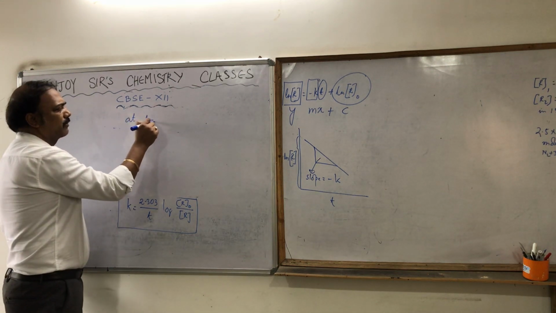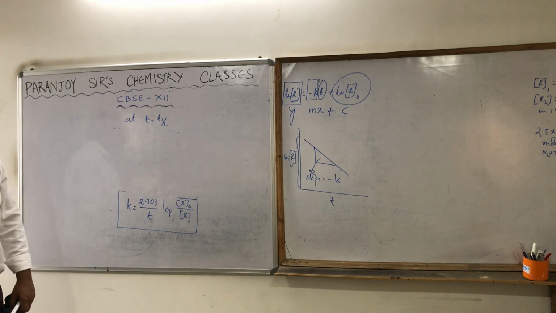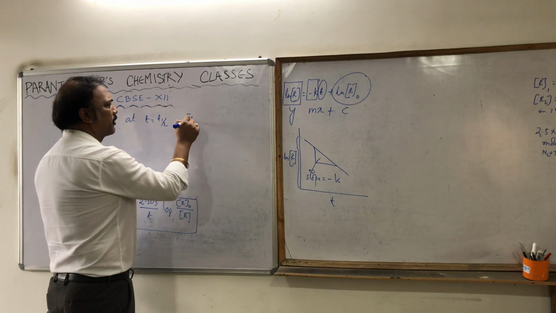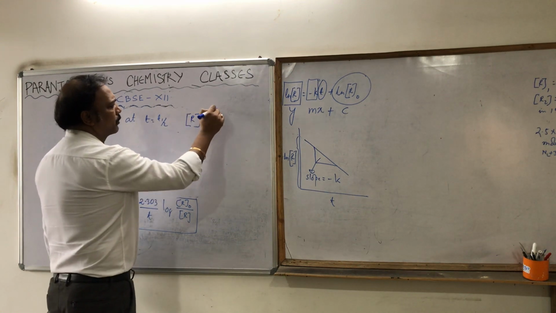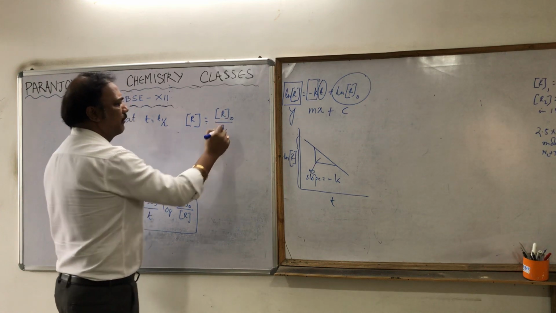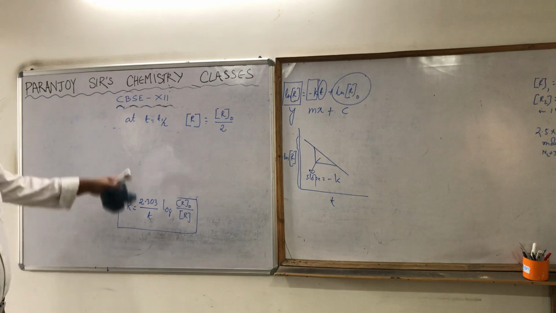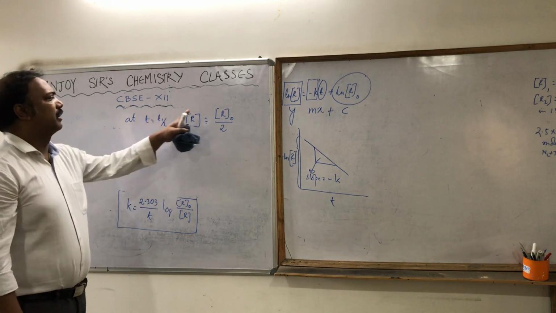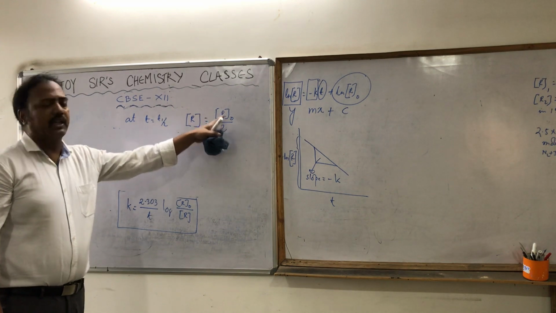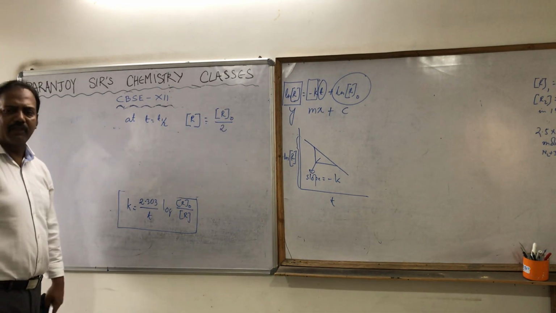At t equal to t half, concentration of R equals concentration of R0 divided by 2, that is the half-life period. At t equal to t half, the reactant's concentration becomes half of its initial concentration. That's exactly the half-life period.